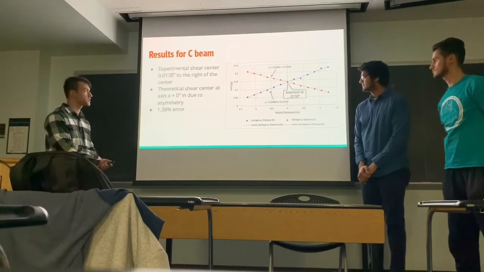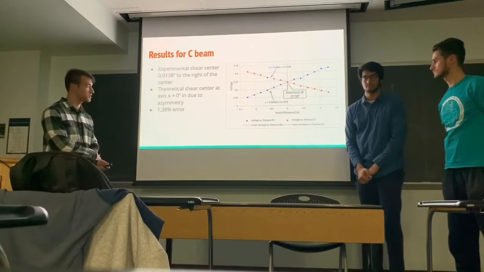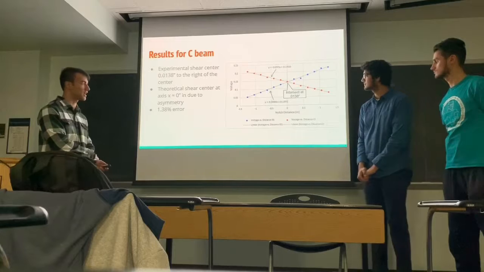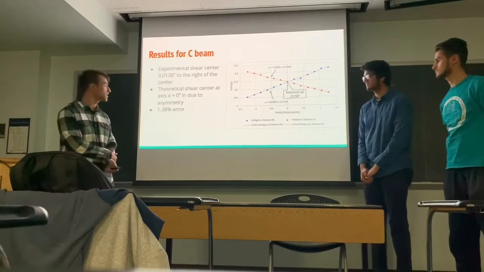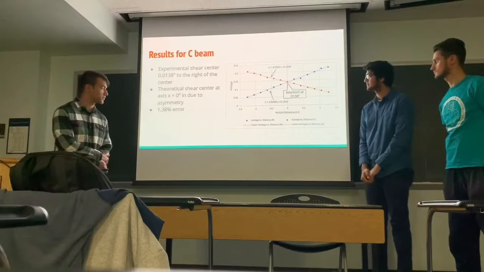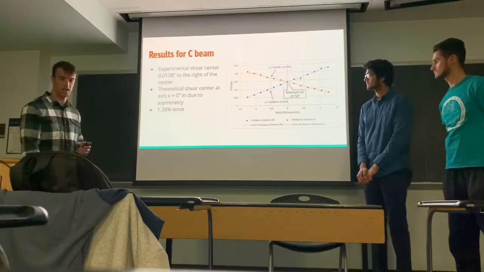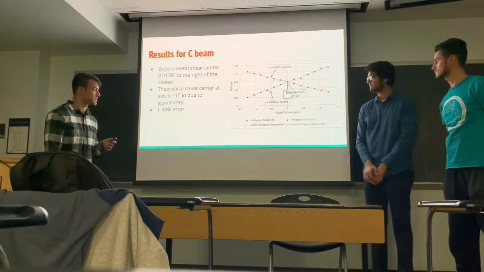So using these two equations that we got from Excel, we solved it as a system to find where the two lines would intersect. Where these two lines intersect would give us our experimental shear center. So for the C-beam, we got our experimental shear center to be 0.0138 inches to the right of the center.